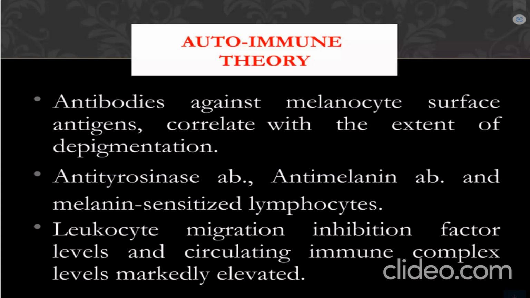Autoimmune theory. What is autoimmunity? It means there is formation of antibodies against our own cells. So here is the formation of antibodies against melanocyte surface antigens, which leads to the depigmentation.